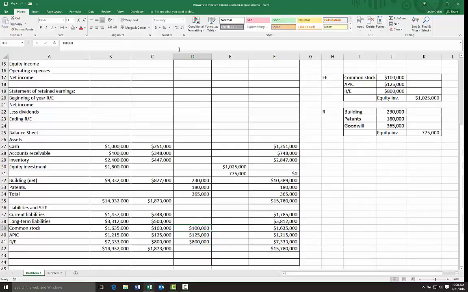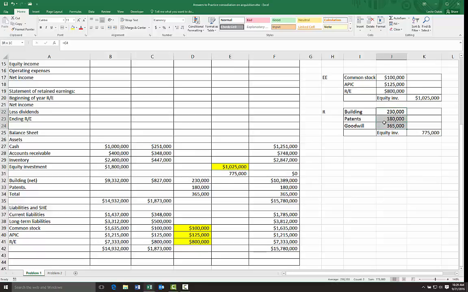So here is the common stock, the additional paid in capital, the retained earnings from the sub. They're not being permanently eliminated, just for purposes of this consolidation. And here is the amount of that equity investment that was paid for the book value.